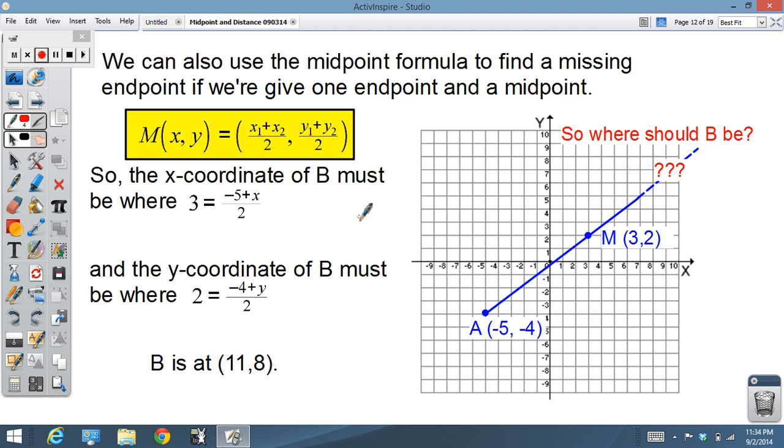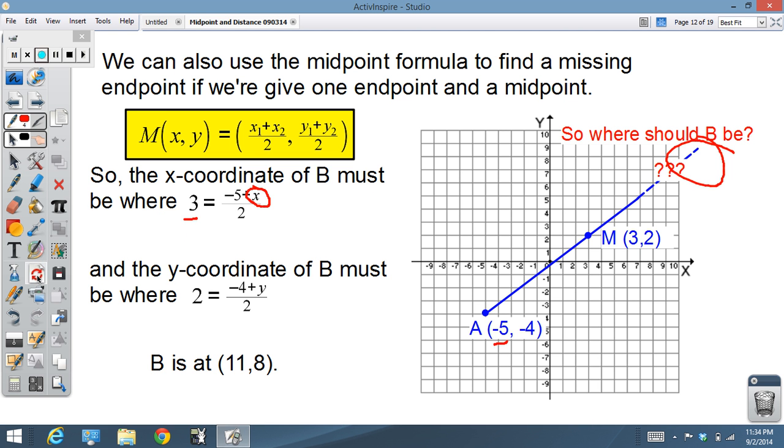All right. Now, they're also going to give you problems where they give you an endpoint and a midpoint and ask you to find the other endpoint. So what we're going to do in a case like this is use the same formula, but we'll work it backwards. So the x-coordinate of B, our unknown point, must be where the midpoint is the average of the -5 from here and the x that's unknown from here.